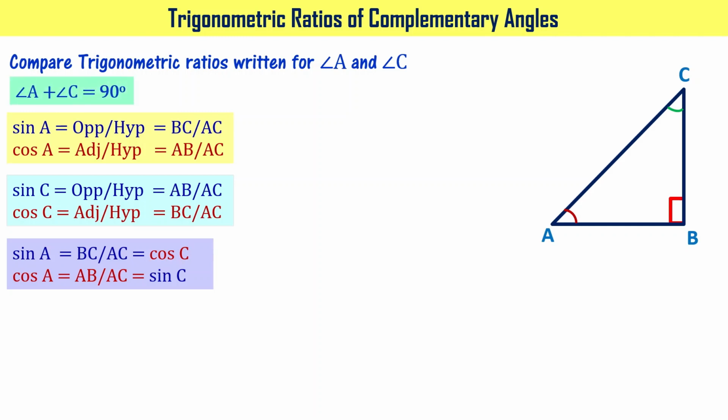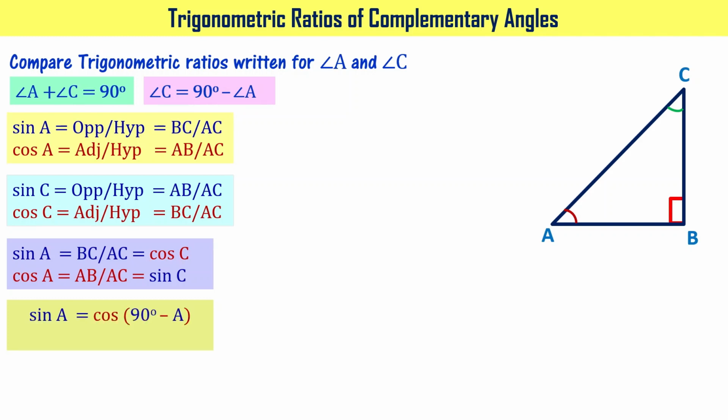And we know that angle A plus angle C equal to 90 degrees, right? It means angle C can be written as 90 degrees minus angle A. It means that sin A can be written as cos of 90 degrees minus A because C is equal to 90 degrees minus A, right? Similarly, cos A can be written as sin of 90 degrees minus A. Please take a note of this.